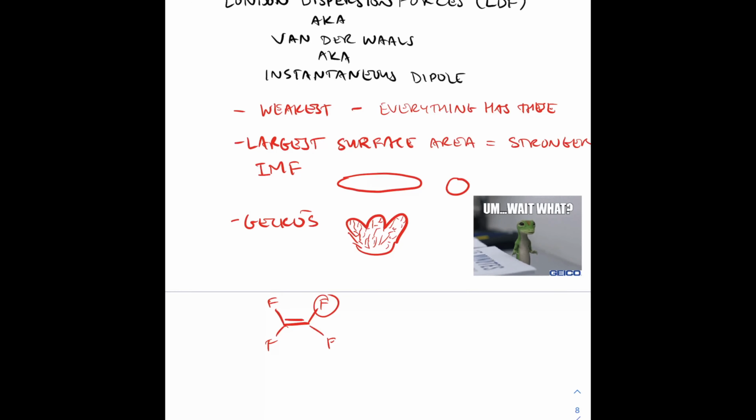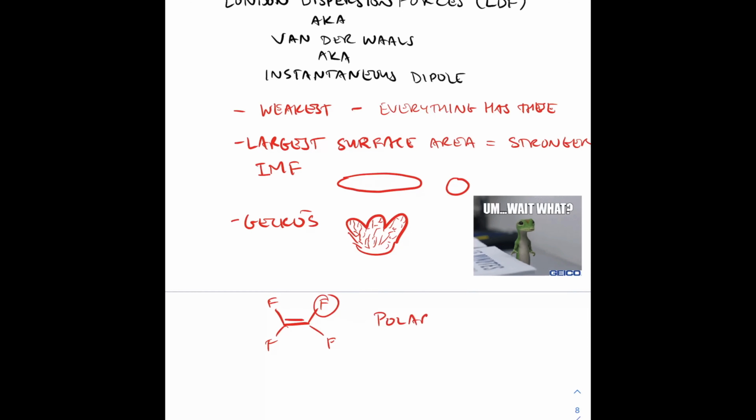And since it has fluorines on there, fluorines are actually really small and really electronegative, and especially relative to the other halogens, they're small, and so they are something that we would call not very polarizable.